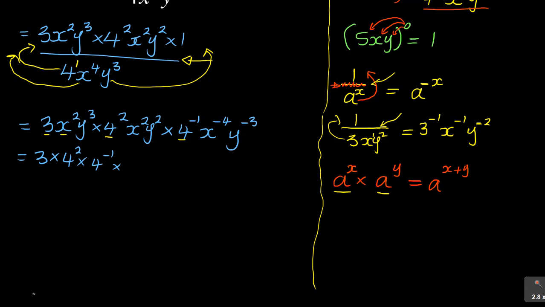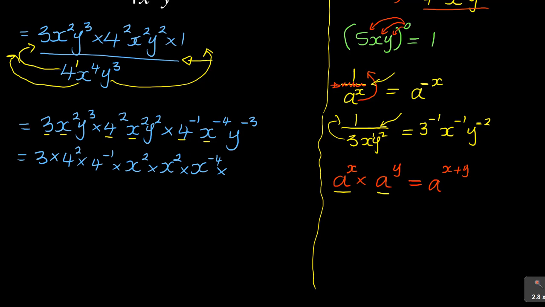I have got my x squared there, times I also have my x squared there, times the other x, which is x to the power of negative 4.